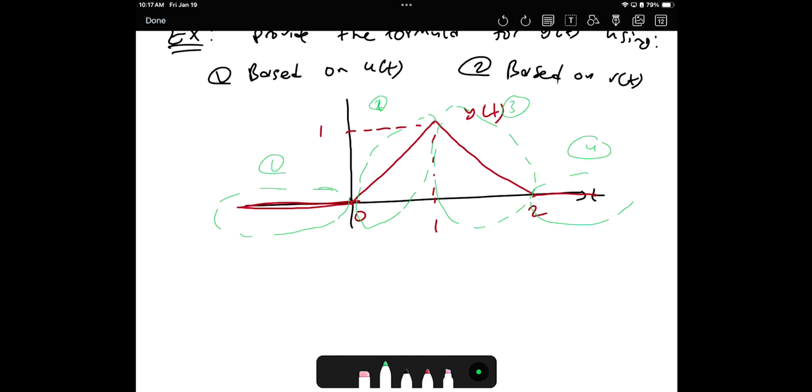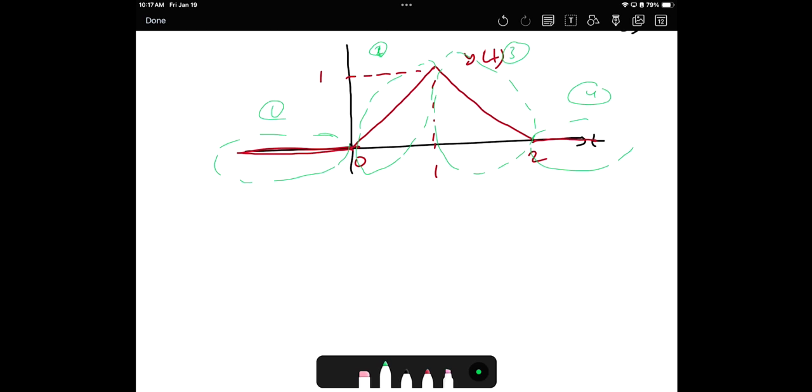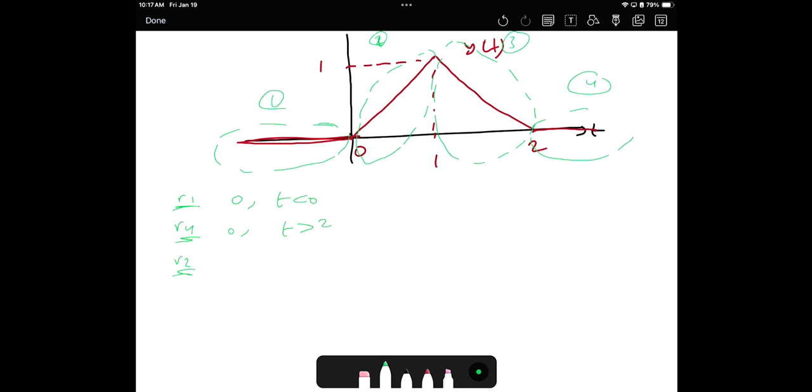How can I know region 2 and region 3? Basically, this is a linear waveform. And we know the linear equation, which is you need to find the slope and the linear equation. So let me just write something. For region 1, R1, it is 0 when t less than 0. Region 4, it is 0 when t larger than 2. Now we need to work on region 2. In region 2, let's find the slope.